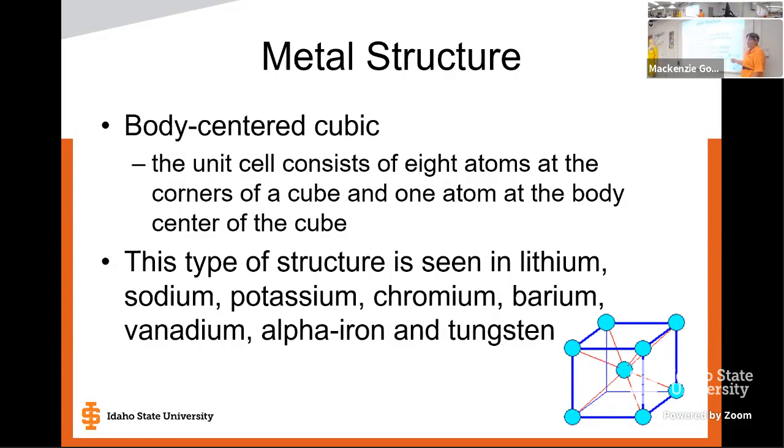Because they're all going to bond together the same way. Chromium is used in some alloys in the reactor internals, and then barium and vanadium are used in nuclear medicine for some applications.